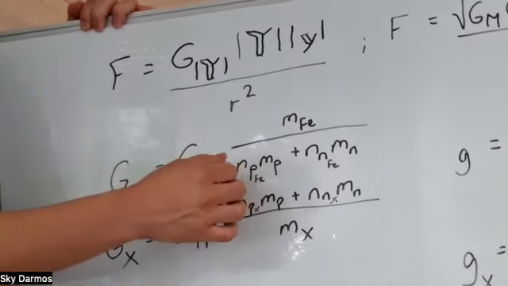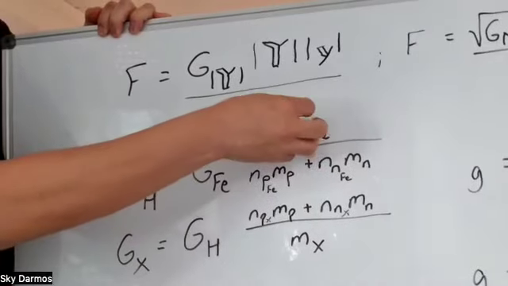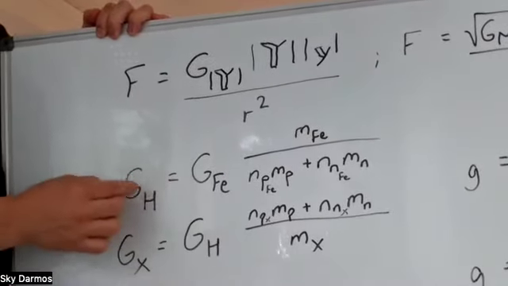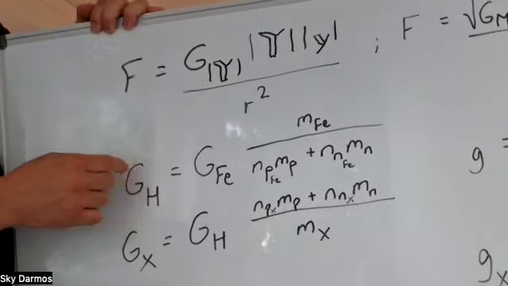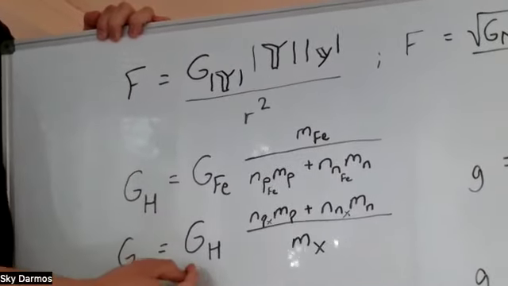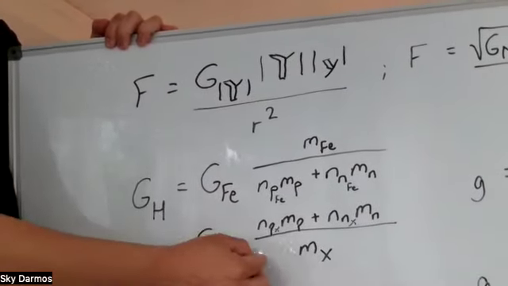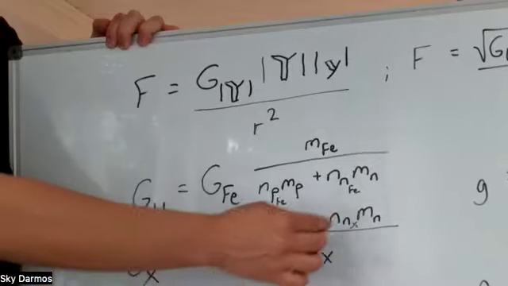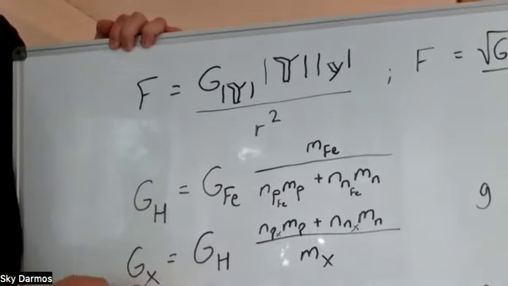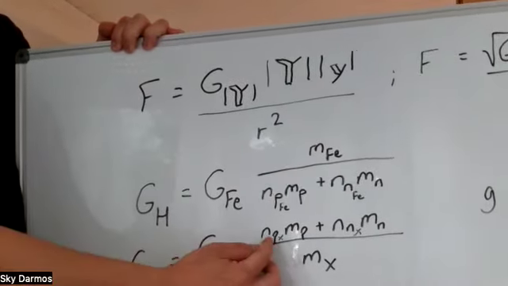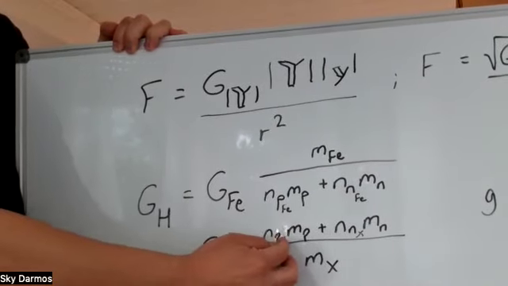So this makes it smaller, and you get the much smaller gravitational constant of hydrogen, and then you can use that as a basis for calculating the gravitational constant of any other element. Here you have an element X, so you have the number of protons in element X.